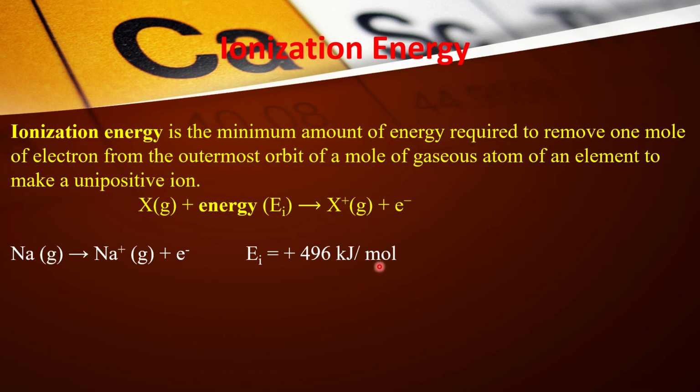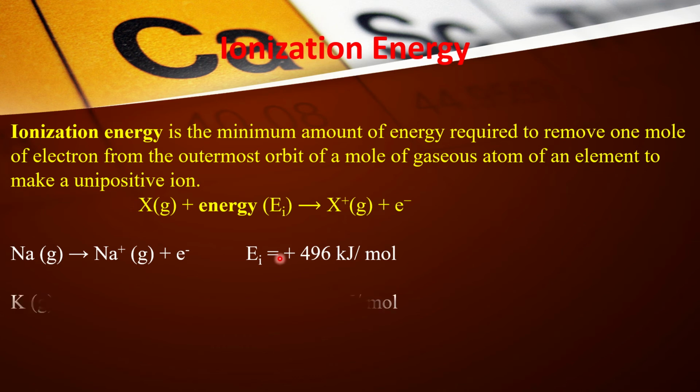Endothermic process and exothermic process you will learn in detail in the next chapter, Chapter 7, the chemical reaction chapter. Then it will be more clear to you. Just now you have to remember that here the energy is applied, energy is to be given. So here the energy is positive.